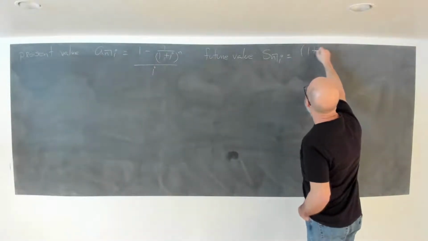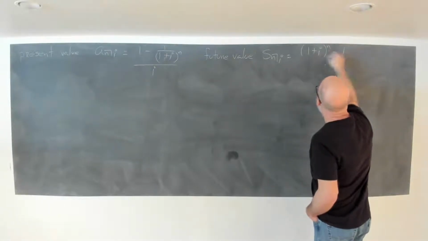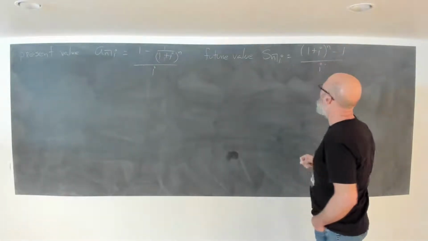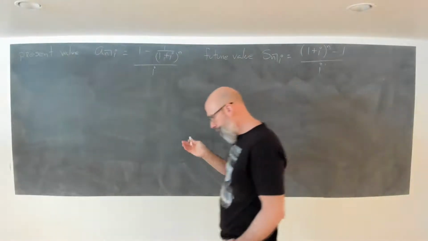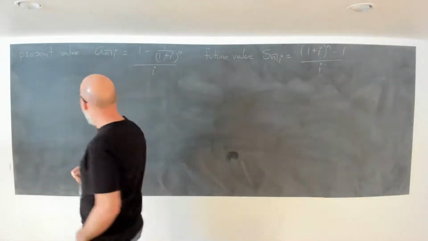This was ((1 plus I) to the n minus 1) over I. There you have it.